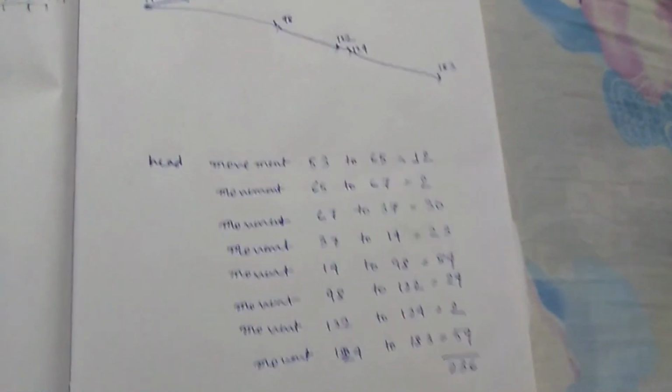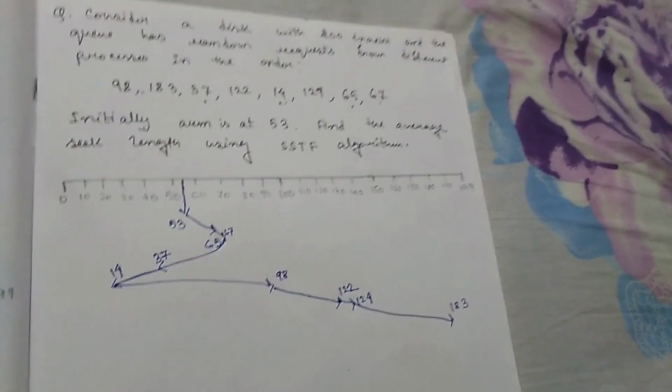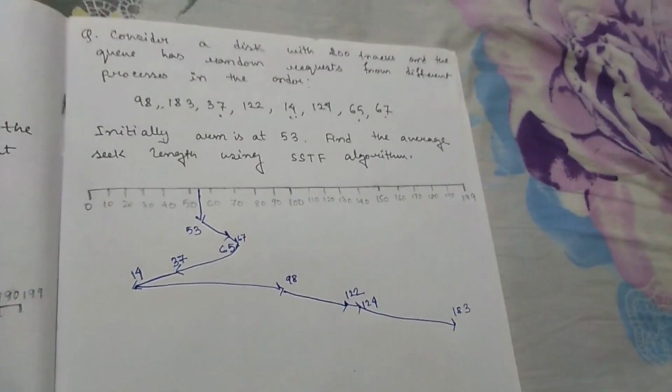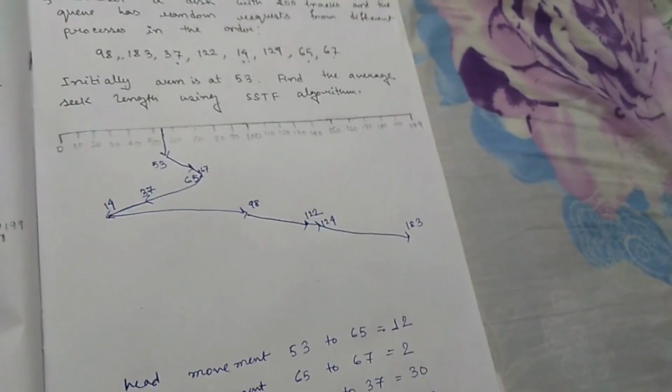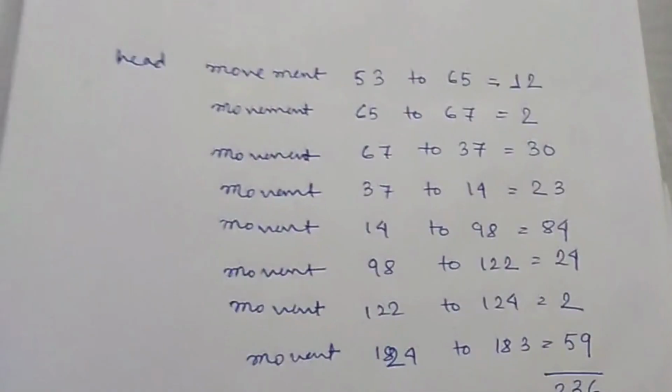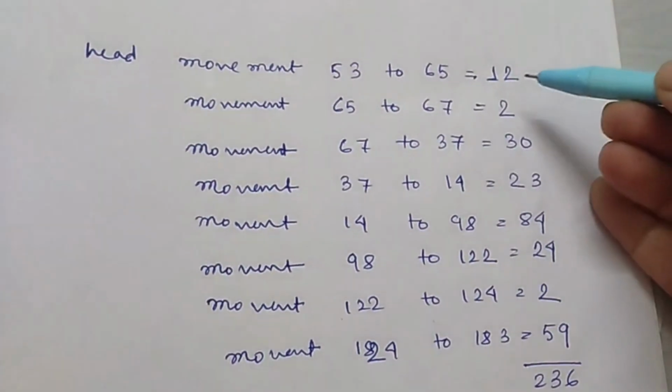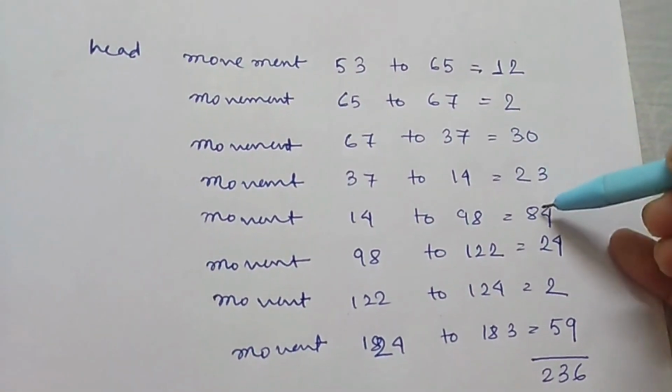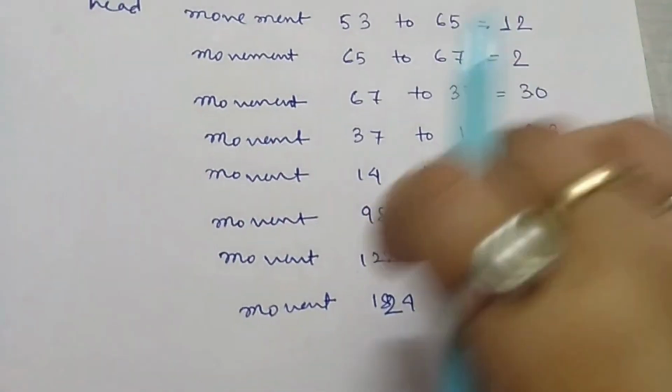When we calculate the average seek length of the SSTF algorithm, we consider the total head movement. The number of movements is 1, 2, 3, 4, 5, 6, 7, 8.